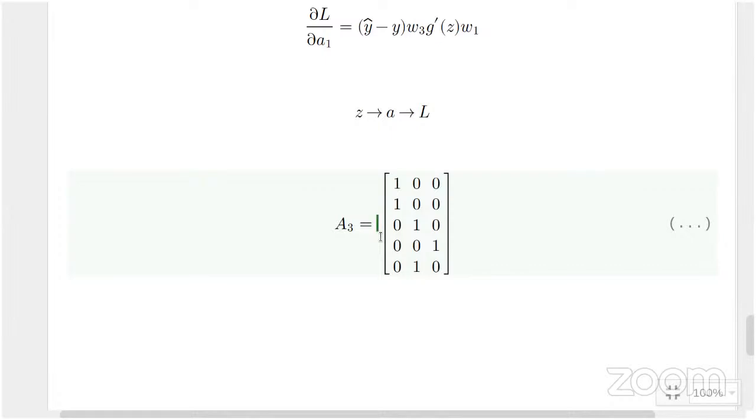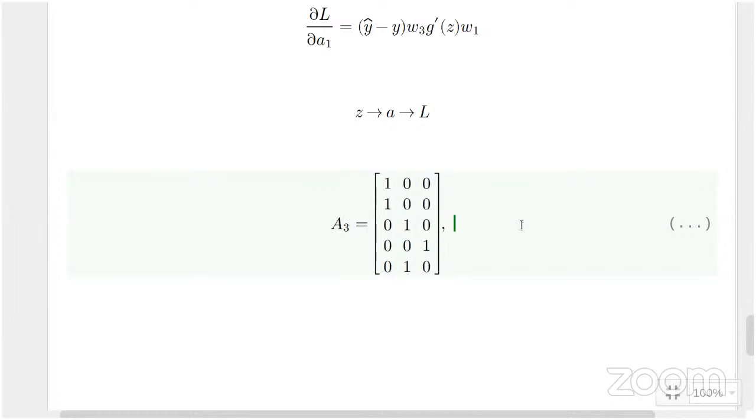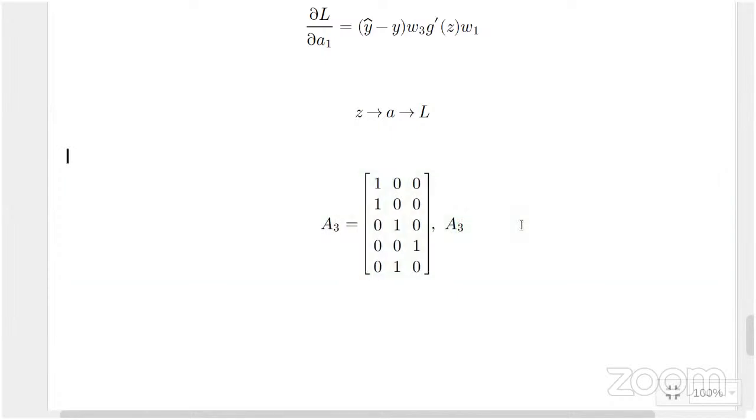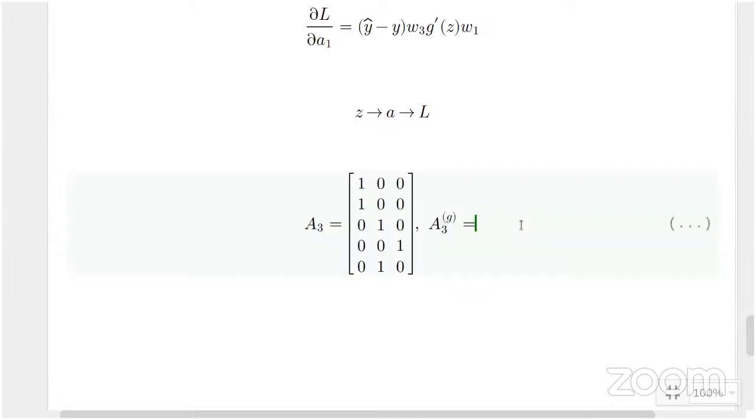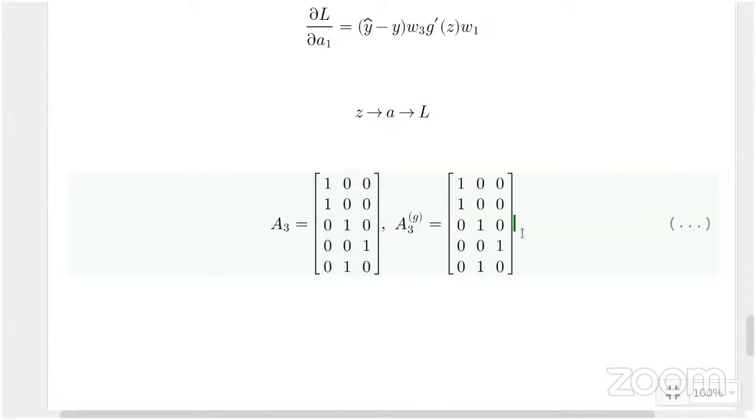So these are the activations. What I mean by A3 of G is a matrix of the same shape, but each element will be as follows.